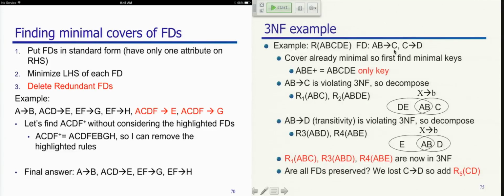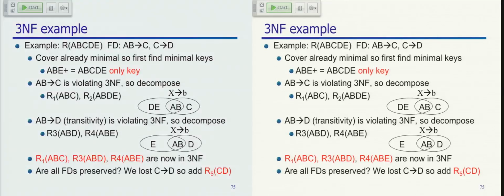A, B determines C, C determines D, so the closure of A, B gives me A, B, C, D. None of my functional dependencies allow me to get to E. So to get a key, I need to add in E as well.